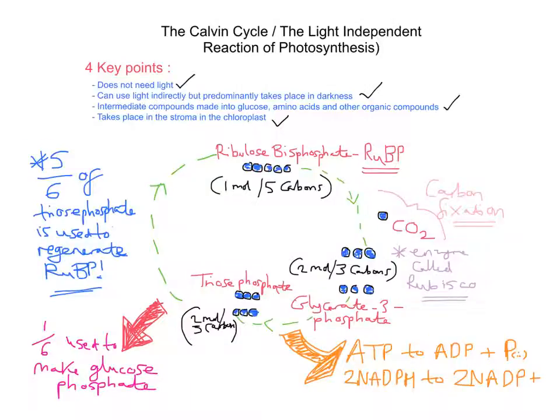Now, ATP and NADPH are used again in this process. Now, the condensation of many glucose phosphate molecules in the stroma together actually forms starch. So, quite simply, lower down in school you learn that glucose is stored as starch because it's insoluble and more compact for storage, and what we do to get that is the condensation of many glucose phosphate molecules. So essentially we're going to get our glucose from this glucose phosphate.